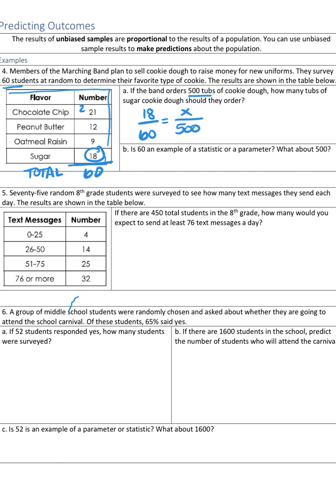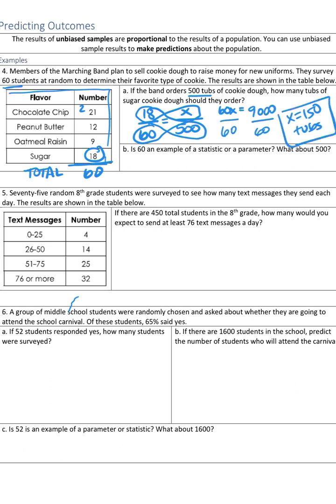So you want to know how many out of 500. So we're just going to do the cross multiplication thing again and solve for x. So if I get 60x equals whatever 500 times 18 is, I get 9,000. And then I'm going to divide both sides by 60. And I'm going to get 150. So I'm going to order 150 tubs of sugar cookies.